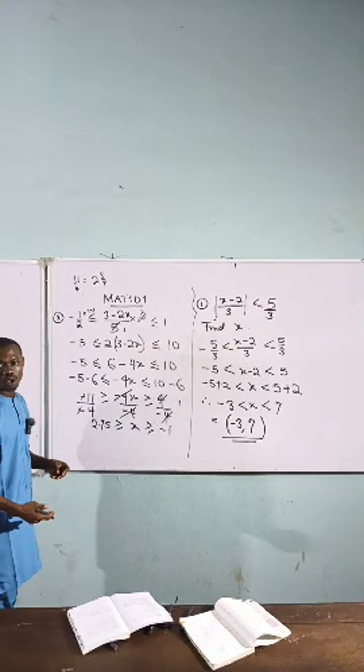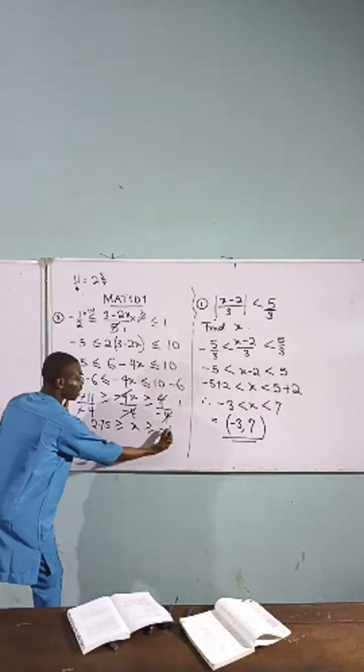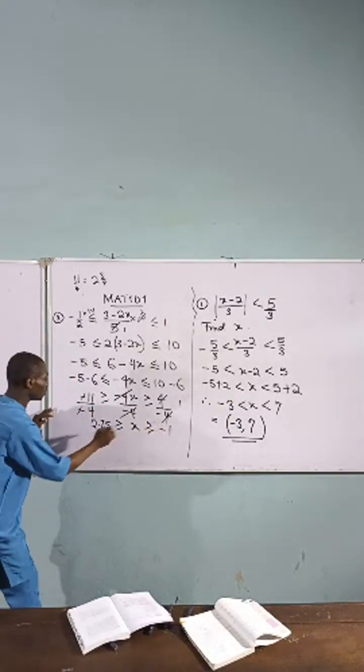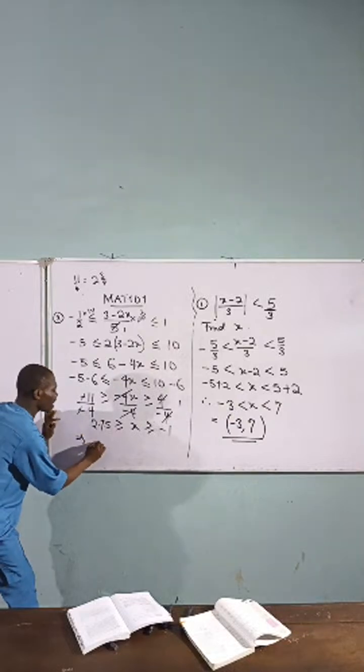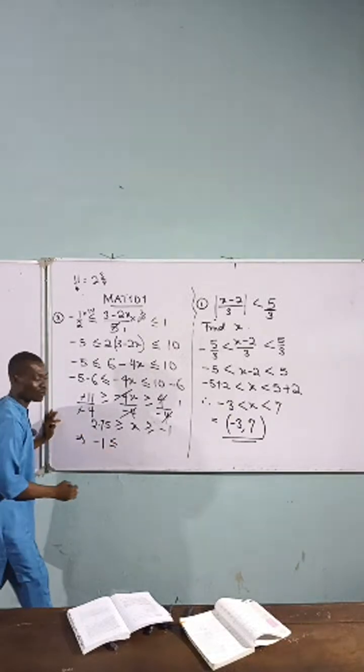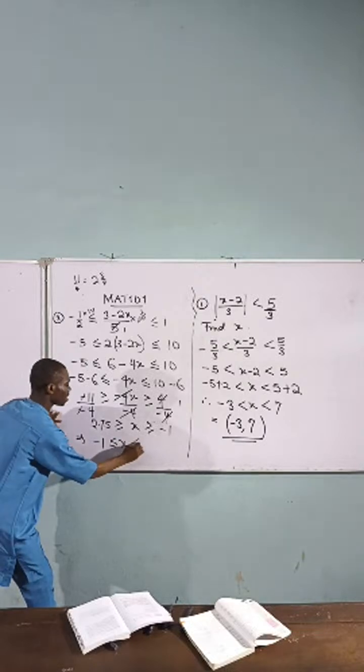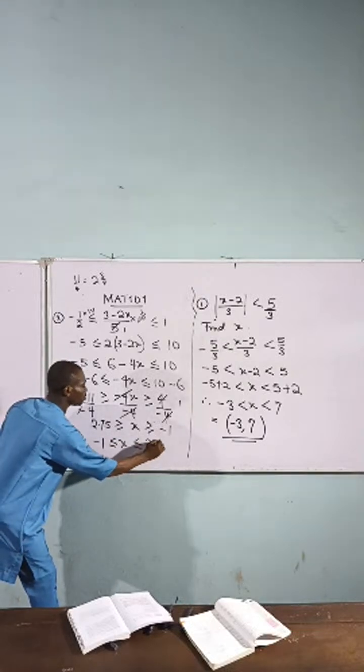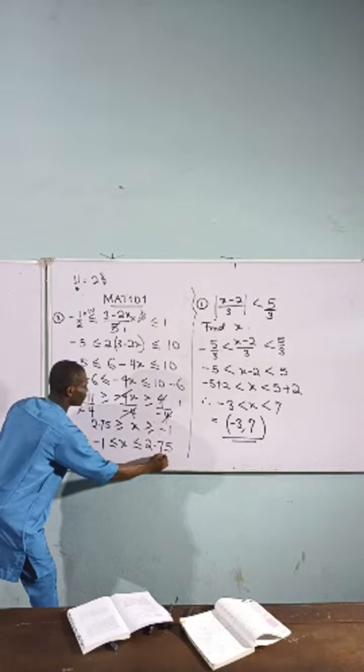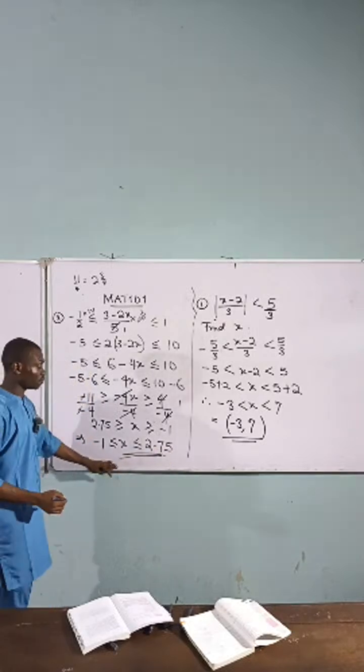So that's why you need to turn it this way. This is now going to give us minus 1 is less or equal to x, and x is less or equal to 2.75, which is a very good place to stop.